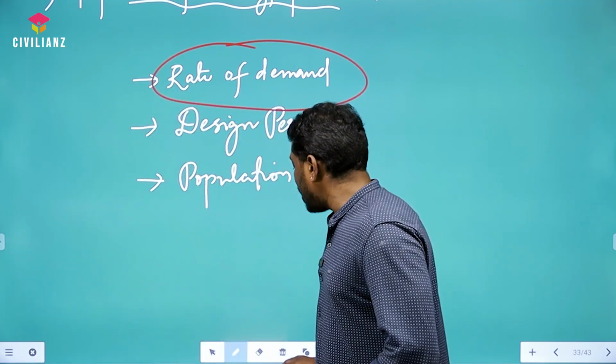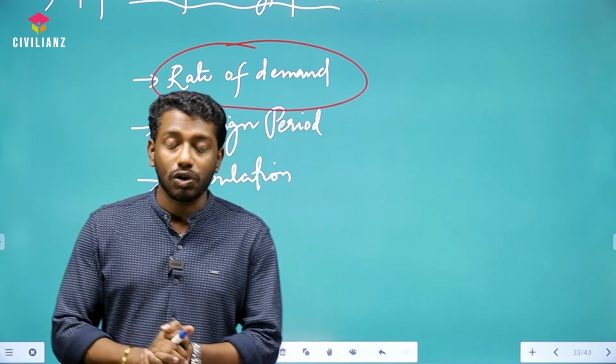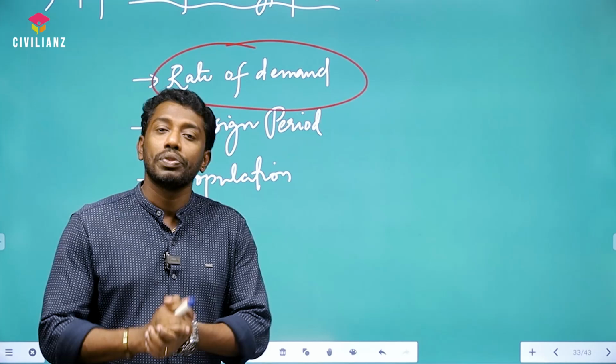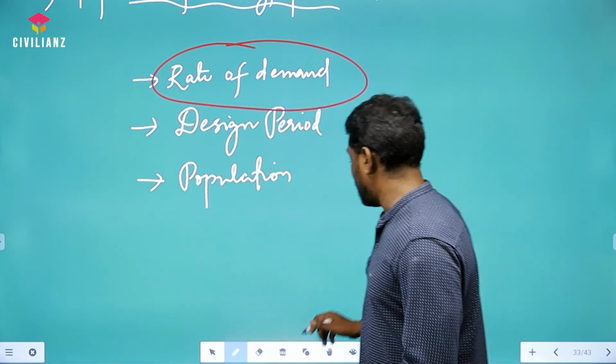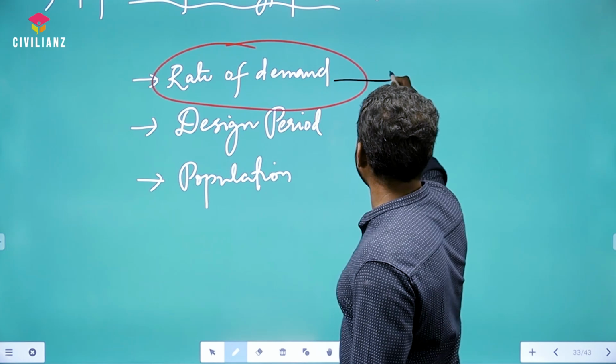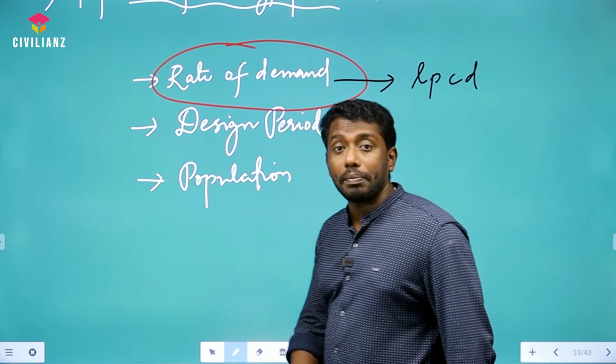And what is its unit? It has been asked many times in various competitive exams, including GATE. What is the unit of rate of demand? Its unit is LPCD, liters per capita per day.